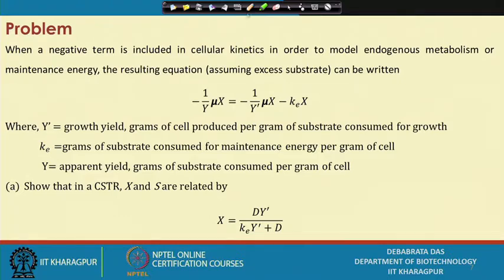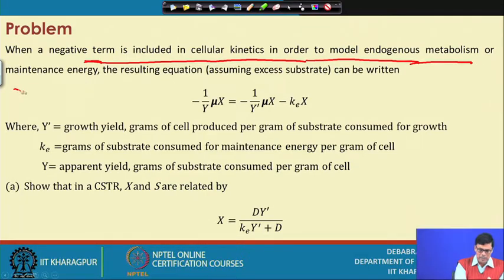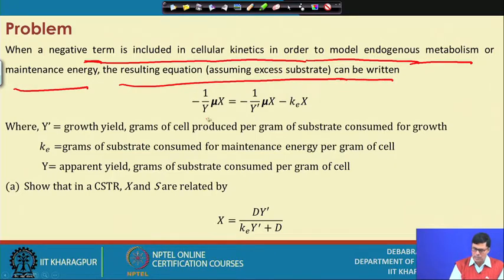So, what the Pirt equation basically deals with is that the substrate mostly goes for the cell mass formation, but a portion is used for the cell maintenance. Now, when a negative term is included in the cellular kinetics to model the endogenous metabolism or the maintenance energy, the resulting equation, assuming excess substrate, can be written like this.